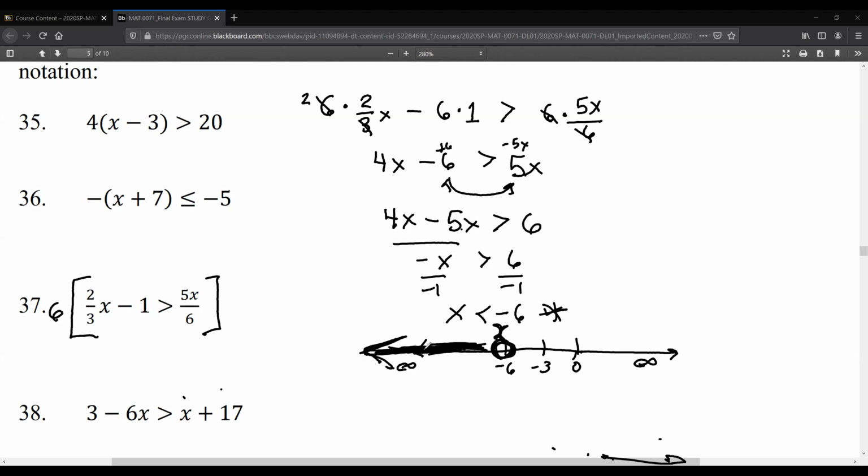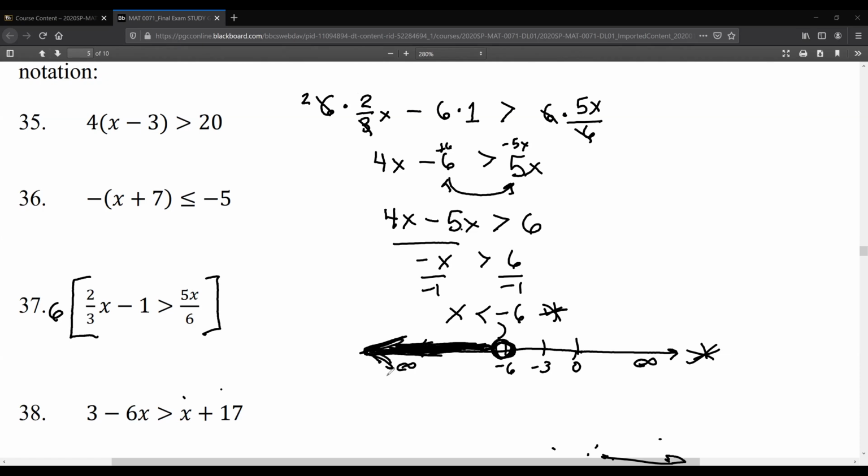It's a funky graph, but more importantly, it is a graph. I'm going to change the direction of the parentheses. Can you see that this is a graph? All the numbers that are less than -6 are going in this direction.